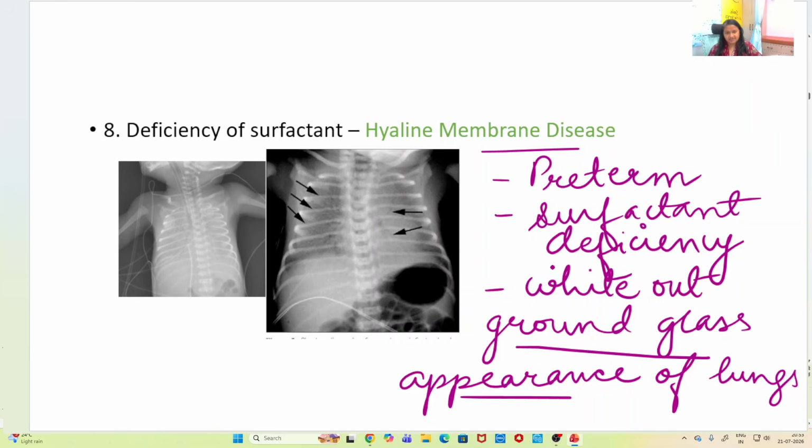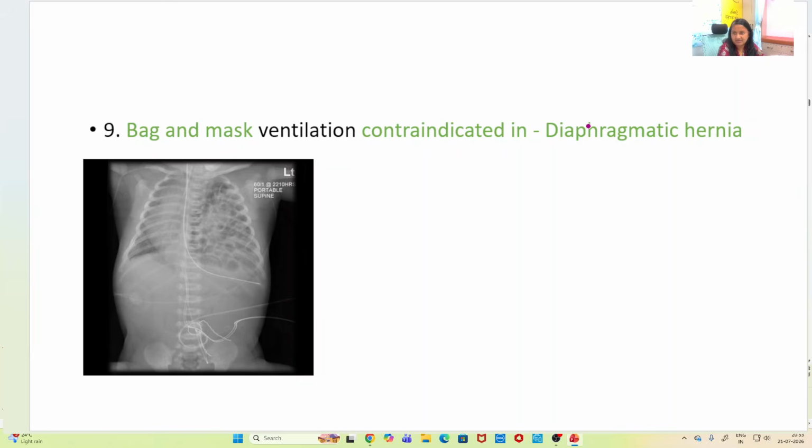And air bronchograms. If you see carefully over here, here, all these things are air bronchograms. Again you may get a question on this, and you have to identify what it is pointing at. So these are all air bronchograms, again a clue to this being hyaline membrane disease.